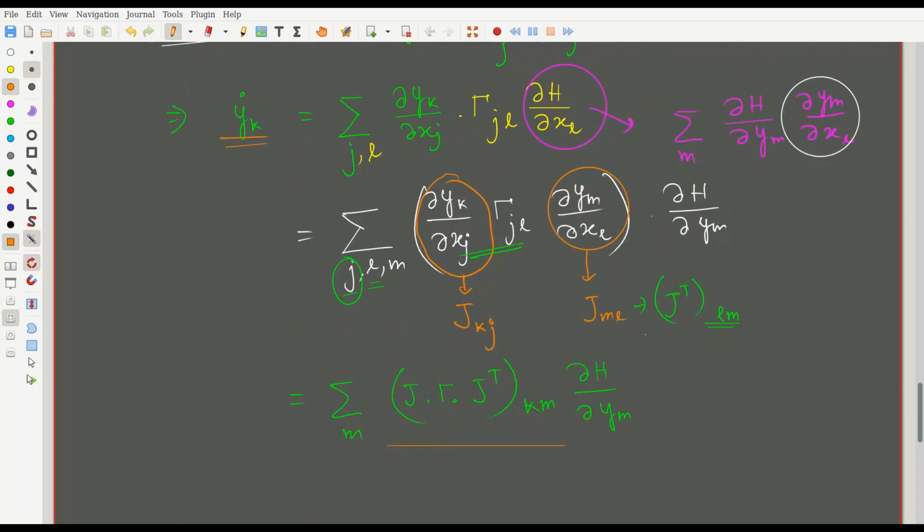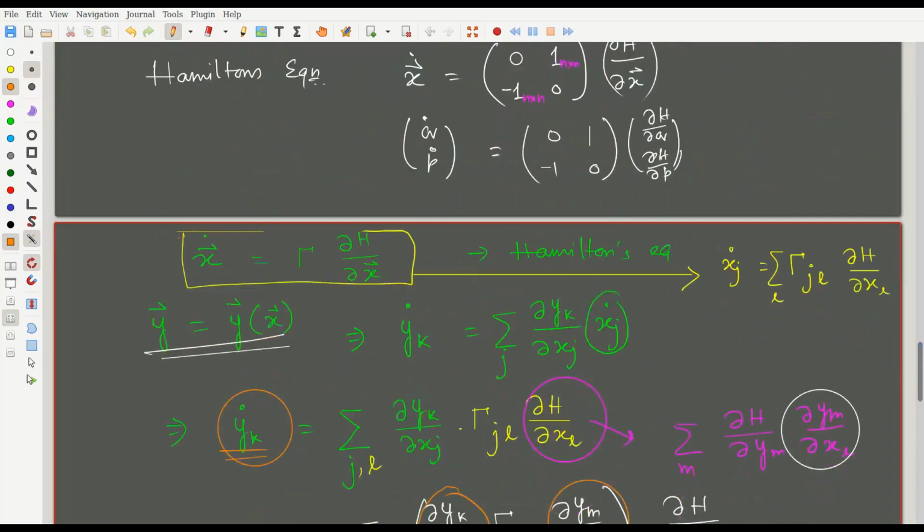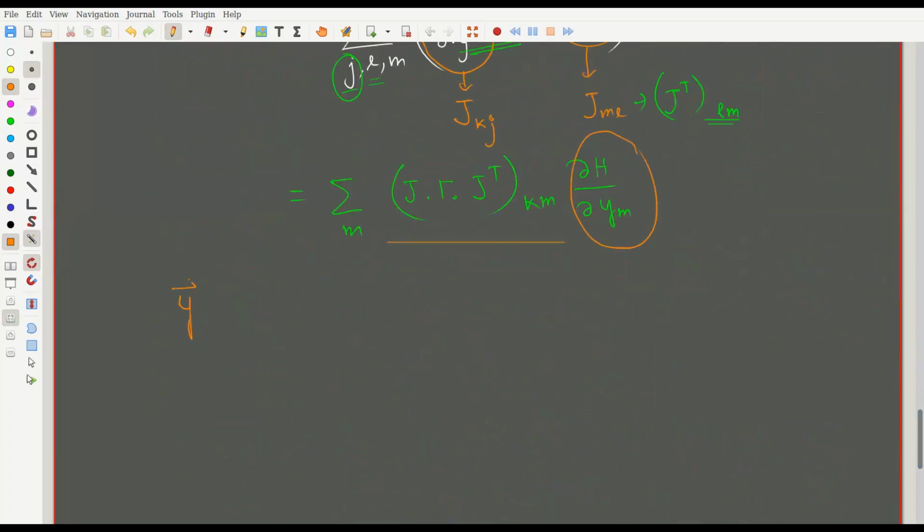But if my Hamilton's equations are satisfied in terms of my y coordinates also, y being my new coordinate, then I should be able to write the equation in y like this. So if my y coordinate also satisfies Hamilton's equation, then y dot equals gamma times del h del y.